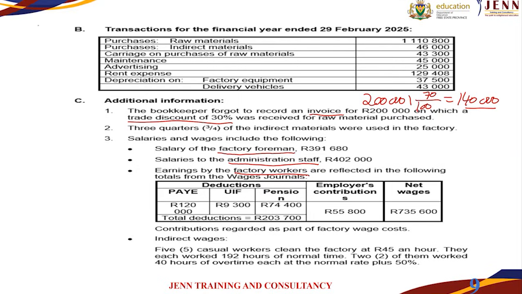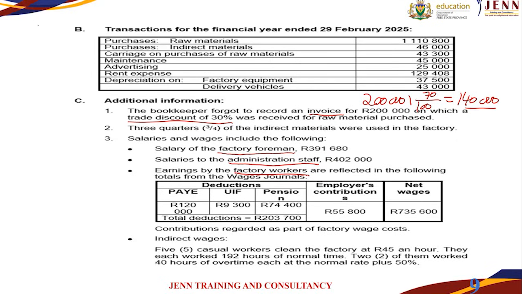So first of all, we need to calculate how much did we spend on them. As we can see, we have their deductions, we have the employer's contribution, and we have a net wage. But I want you to remember that as the business, what is a net wage? A net wage is the payment that the employees get after deduction.